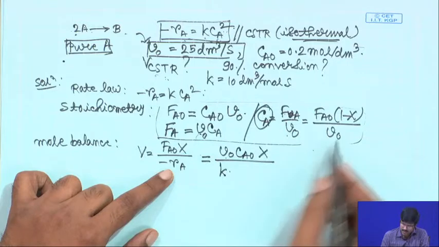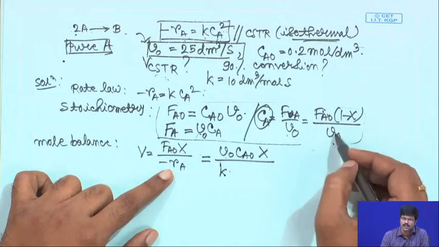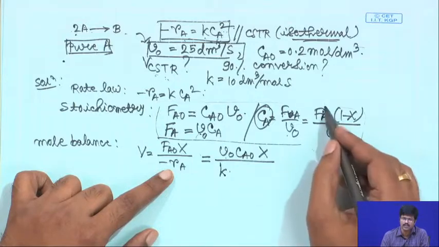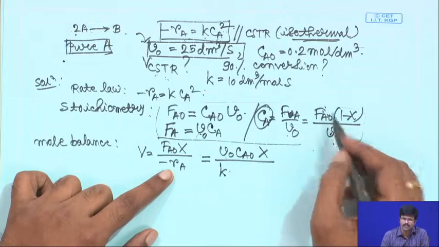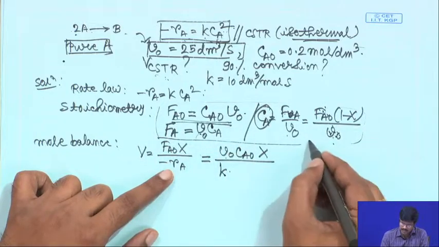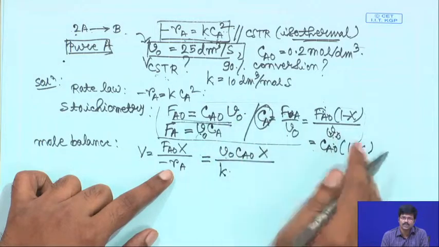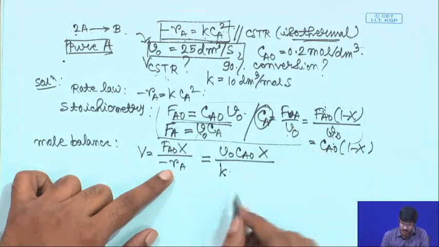FA0 divided by v0, molar flow rate in divided by volumetric flow rate in, is nothing but the concentration at which it is entering, CA0. So this comes out to be CA0 into 1 minus X. From the stoichiometric table we had elucidated this before.